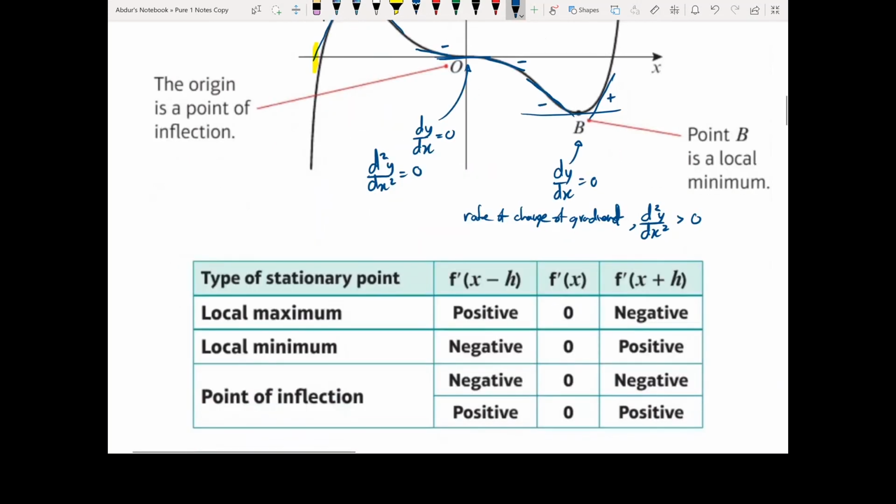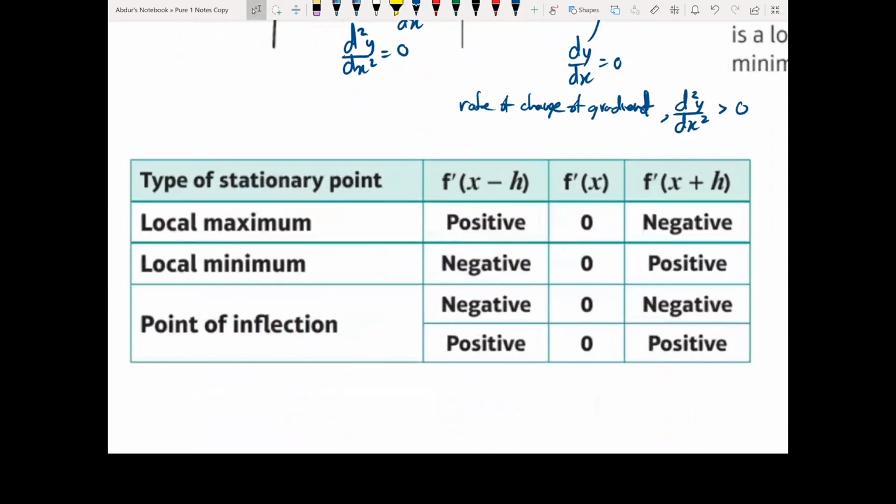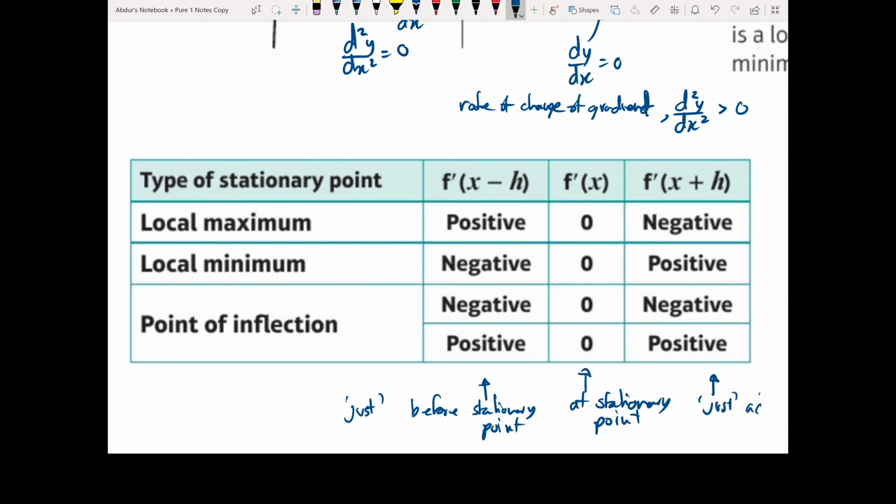We might draw a table. This is at the stationary point, and this is a point just before the stationary point, a small increment just before. And what we have here is a point just after the stationary point.